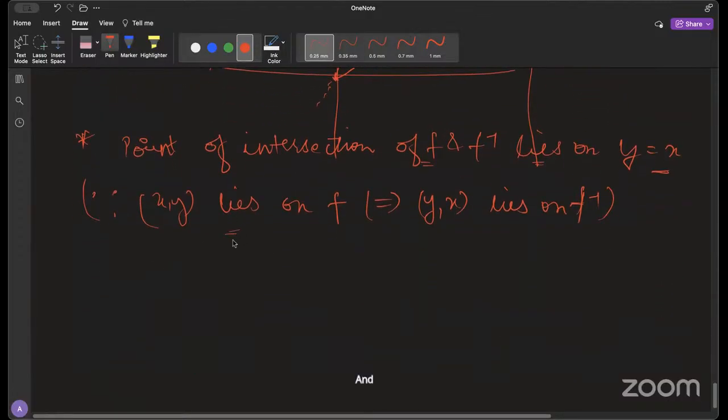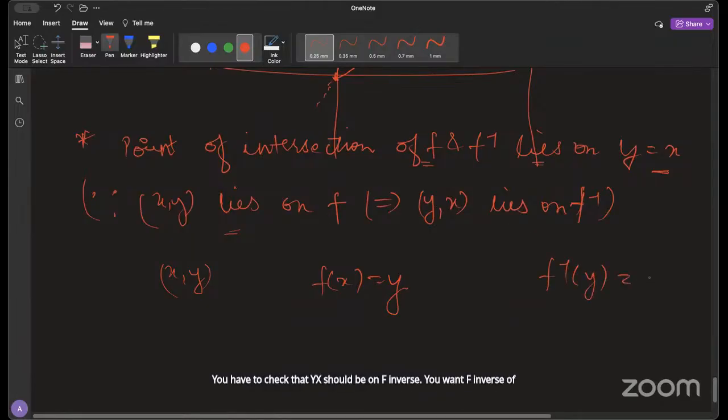And why is this so? If (x, y) is on f, that means f(x) equals y. So you have to check that (y, x) should be on f inverse. You want f inverse of y equals x. And we know that y equals f(x), which would give you f inverse of f(x), which is x. That means the statement is actually true, right?